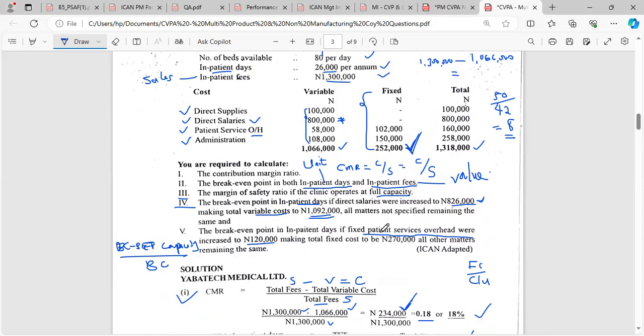Where do we have fixed patient service overhead? This is it, patient service overhead from 102,000. It will be increased to 120,000, making our total fixed cost 270,000. That's the only thing that will change.